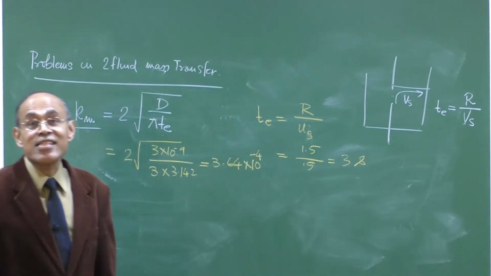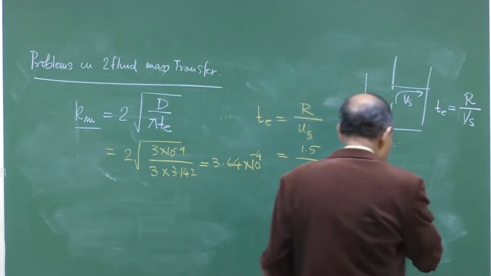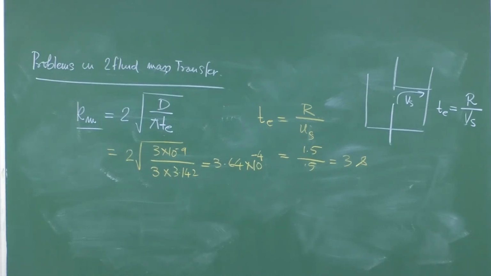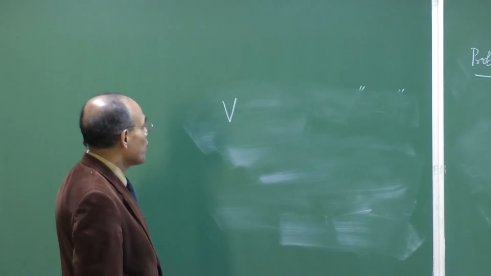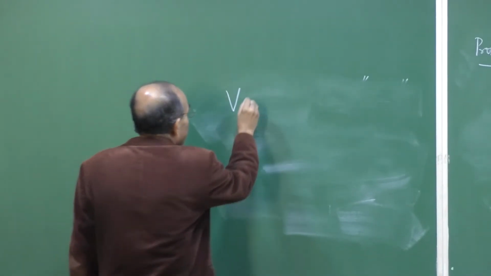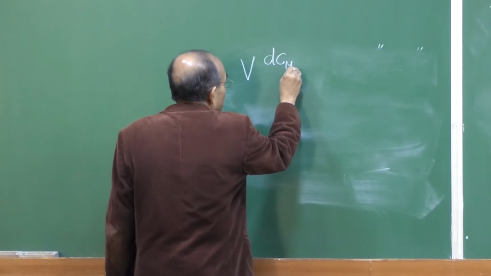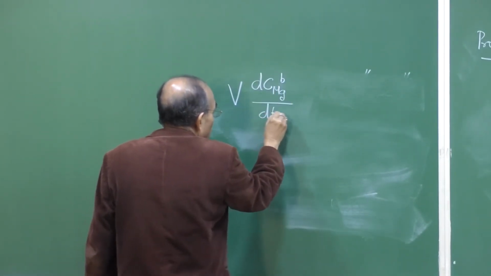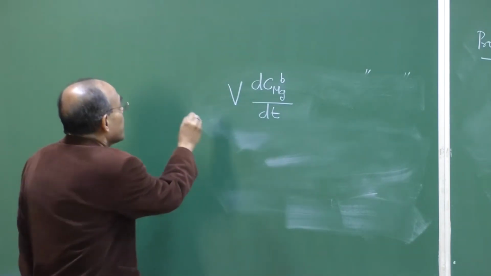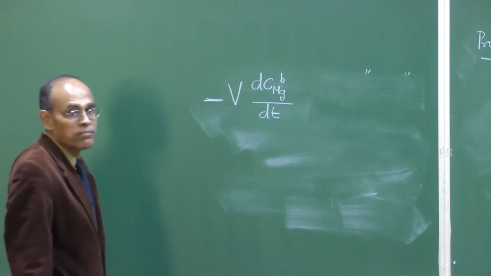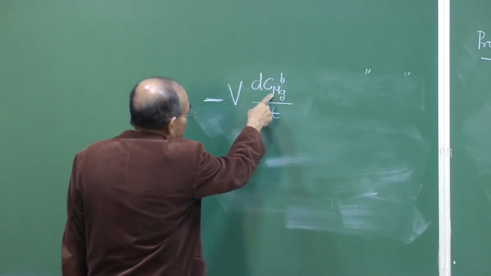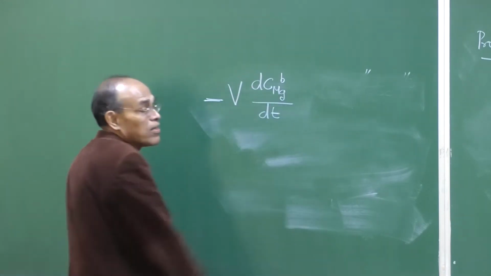Now comes establishing the mass balance equation. If V represents the volume of liquid in the system and the bulk concentration is changing, then the net rate of decrease of magnesium, volume times dC by dt, in kg per meter cube times meter cube, is actually the mass flow rate term.